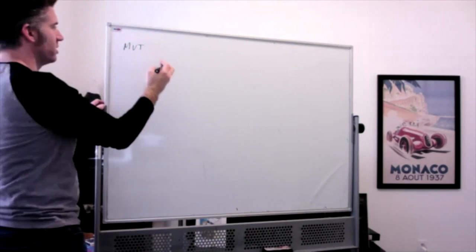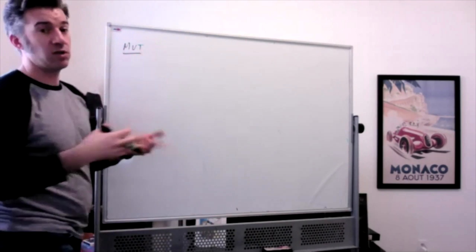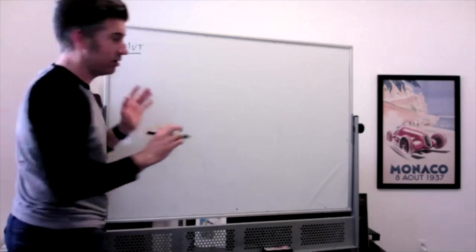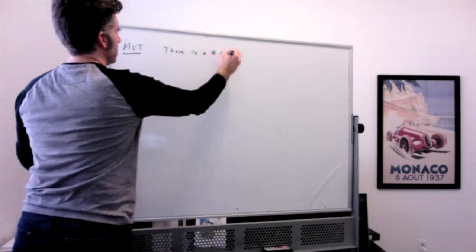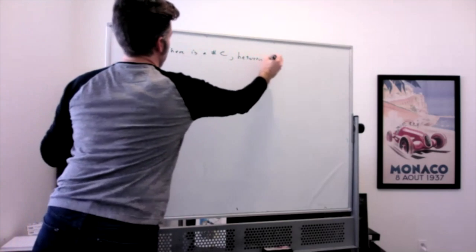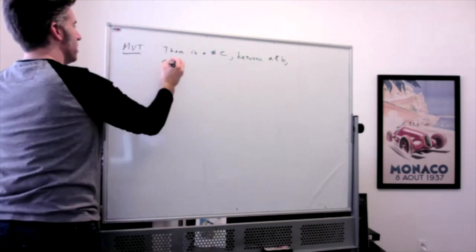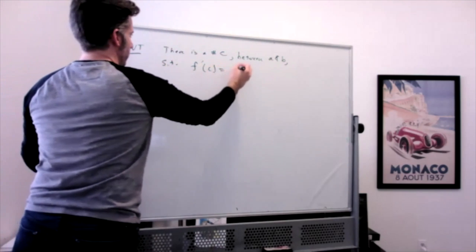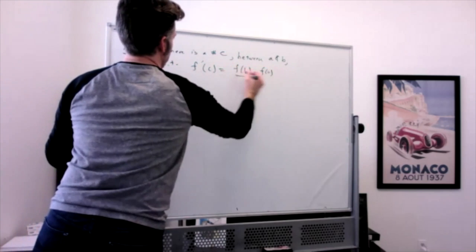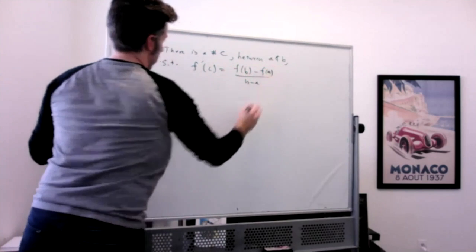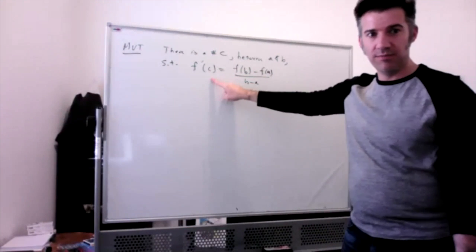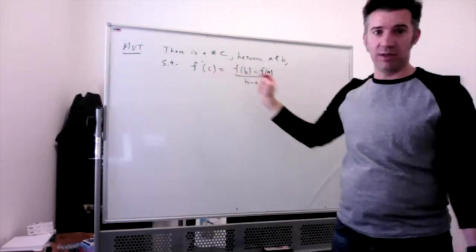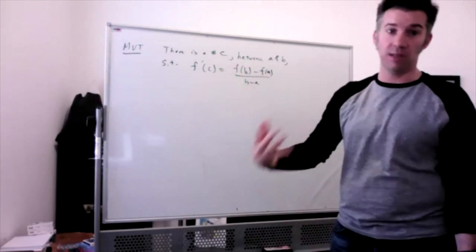It says if your function is continuous and differentiable, then there is a number c between a and b such that f prime of c is equal to f of b minus f of a over b minus a. In other words, the instantaneous rate of change is equal to the average rate of change somewhere between the endpoints.